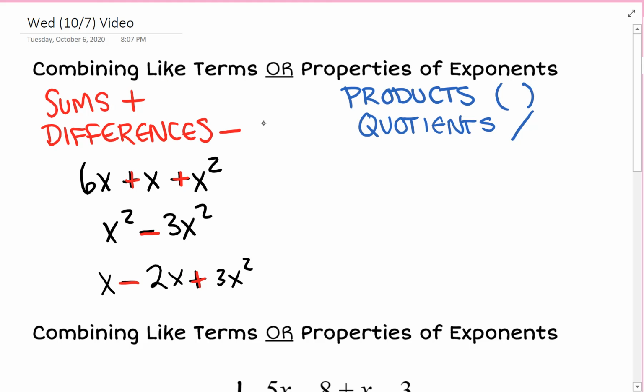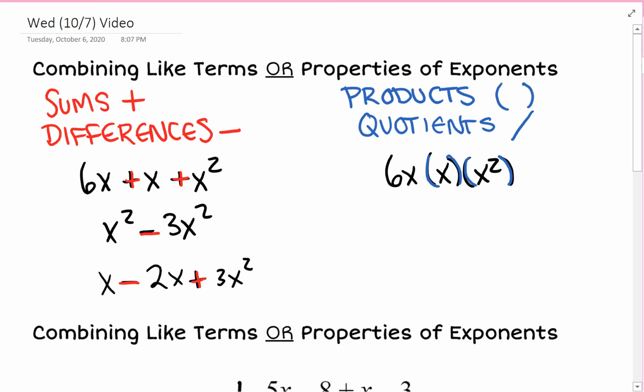Some expressions that require us to use properties of exponents could be 6x times x squared. This requires properties of exponents because we have products, and this will require us to expand and simplify.